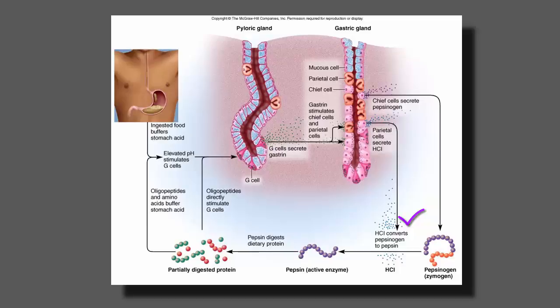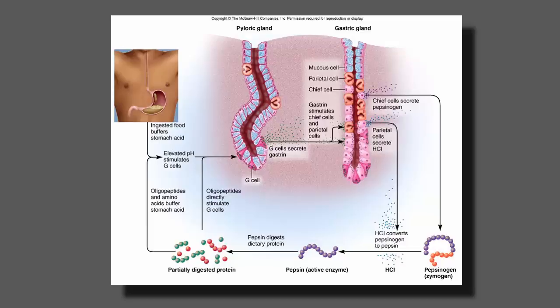So as proteins begin to get broken down, they're going to cause a change in the acidic environment, making it more alkaline. And this again is going to start to stimulate the G cells to produce more gastrin, which perpetuates the cycle and keeps it going.